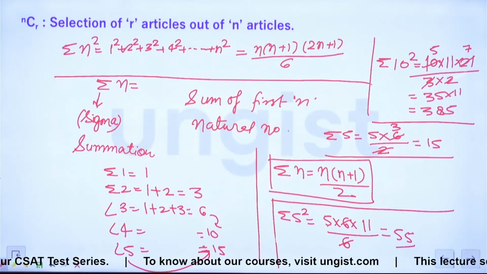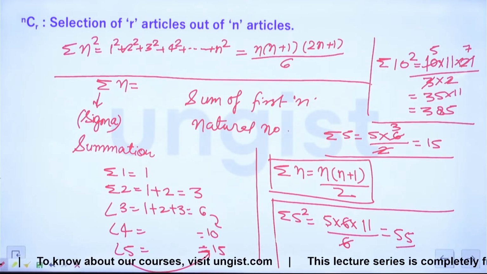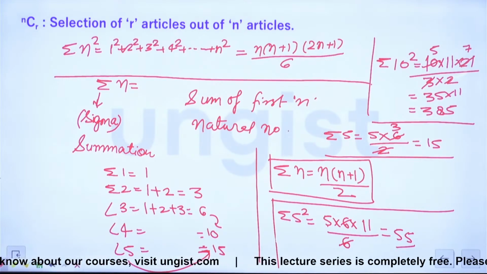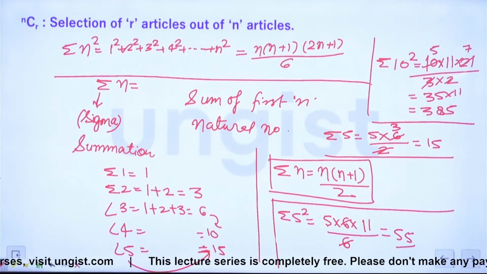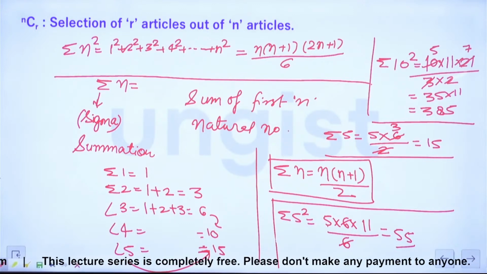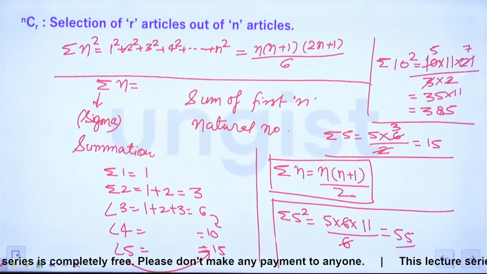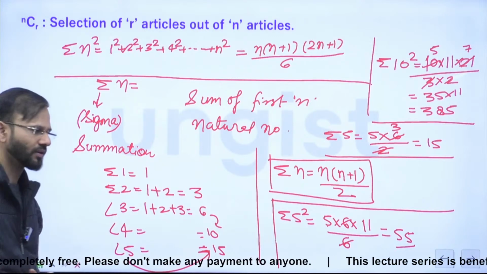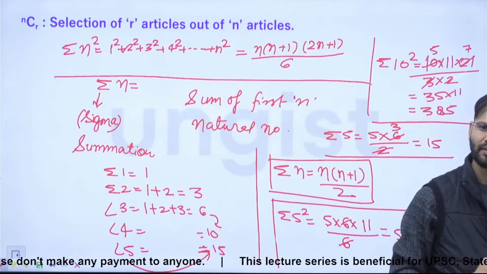So sigma 10 square will be 385. Right? Sigma 10 square is 385. Guys, it is fine now. Right? So this is the formula that we should know, sigma n square. Right? Okay?